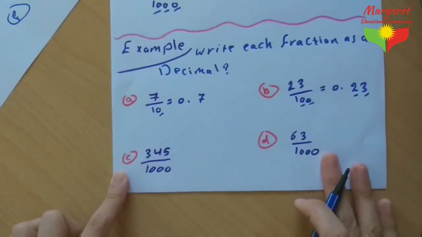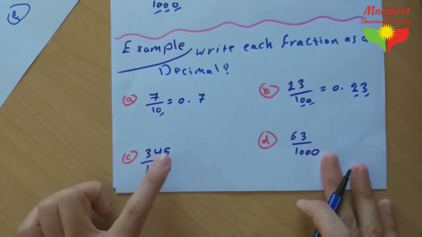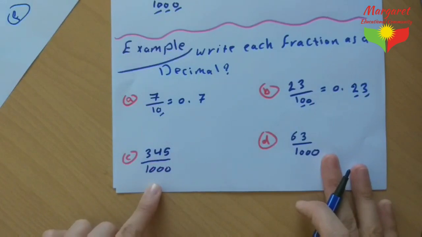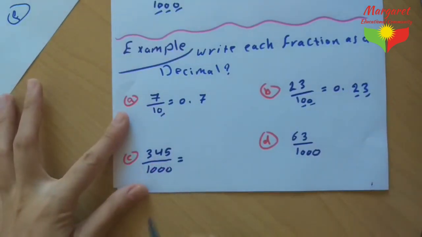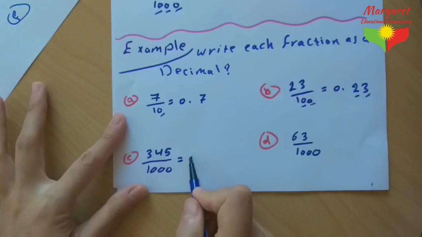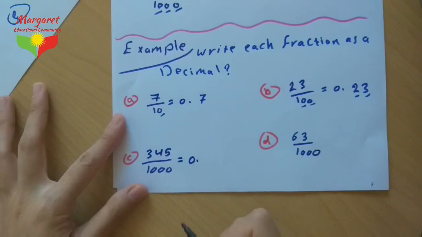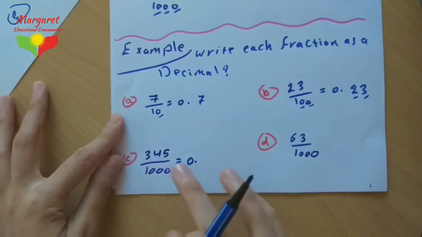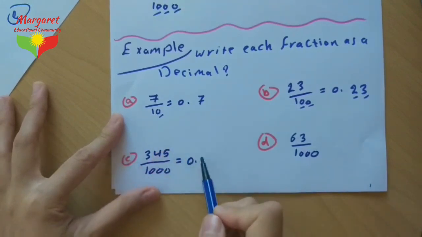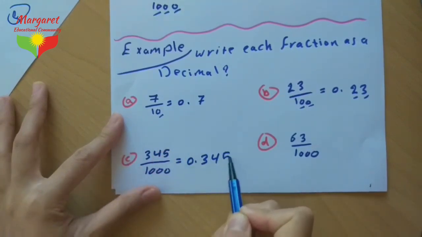And part C, 345/1000. To change it to a decimal, you must write 0 and a decimal point. After that, always after the decimal point, you must write the numerator of the fraction. We have 345.